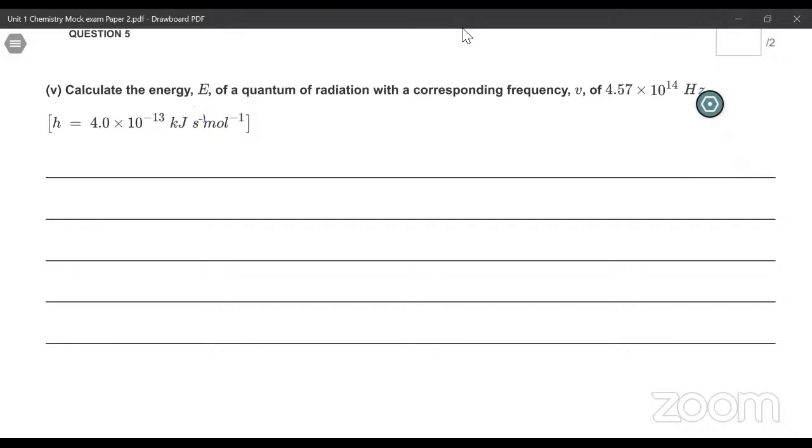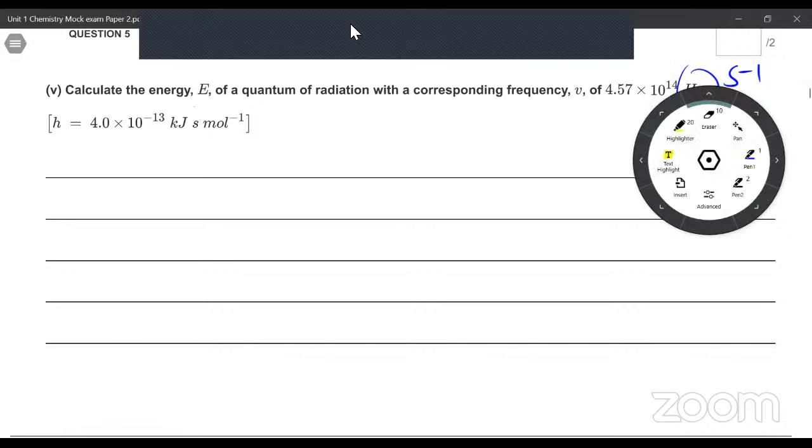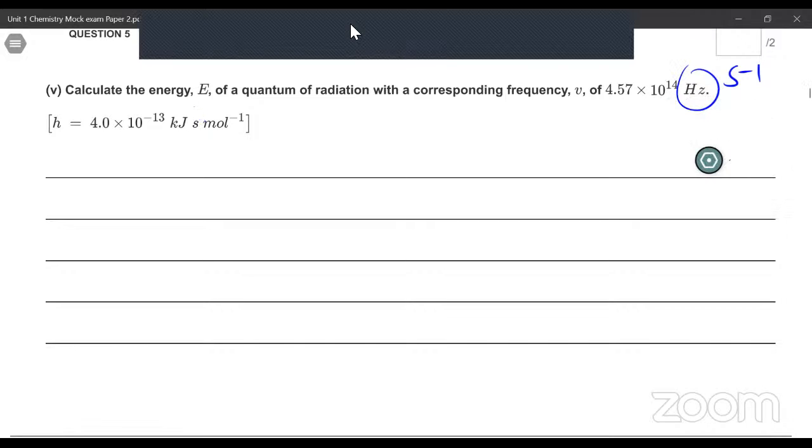Now hertz is per second, right? So that's a lie, that should have been seconds. It's correct. Now, you're going to use the equation E equals h mu, and this is not v, so don't call it v, it's mu. It's a Greek letter that represents frequency.